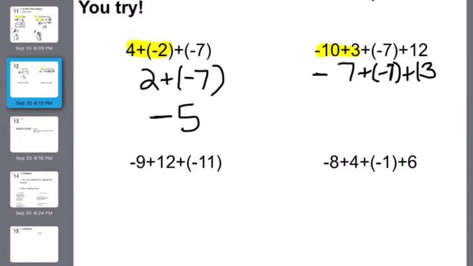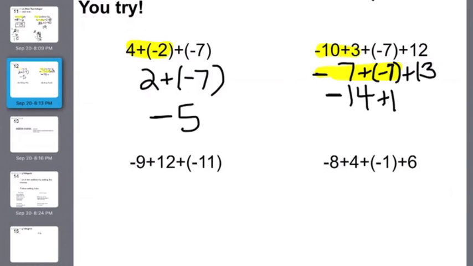And breaking her down again. Negative 7 plus negative 7. When you have the same sign, your answer will be the same sign. So negative 7 plus negative 7 will be a negative. And then the absolute values added together, 7 plus 7 is 14. So we have negative 14 there.